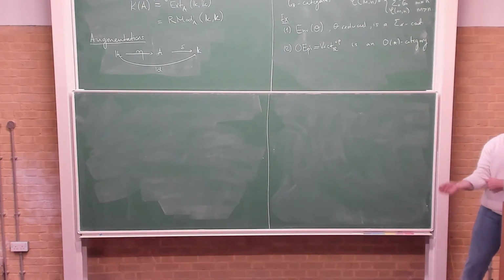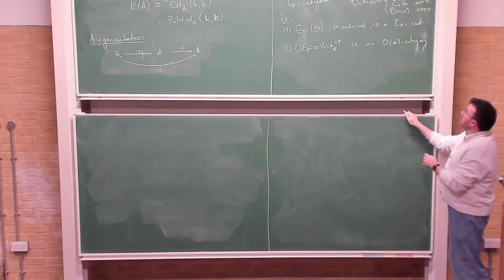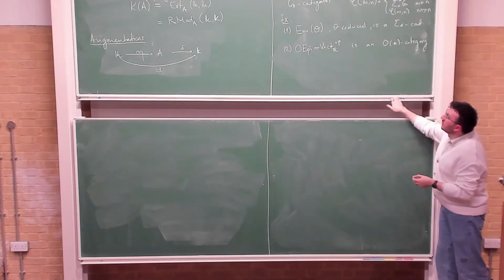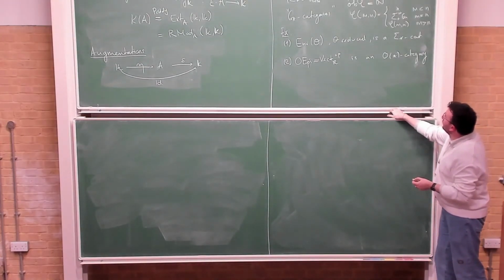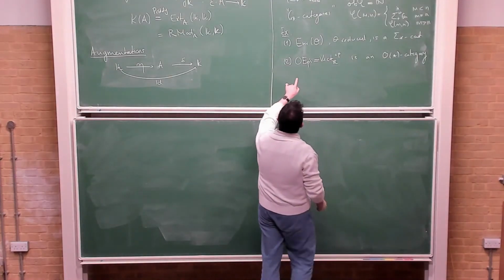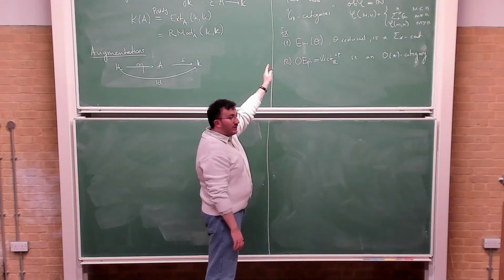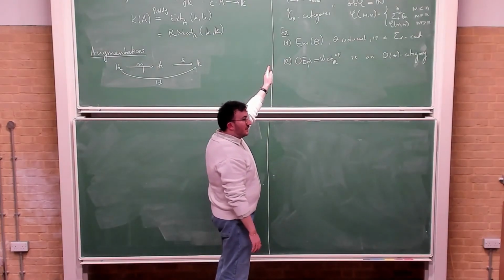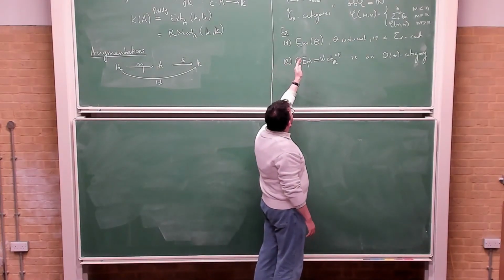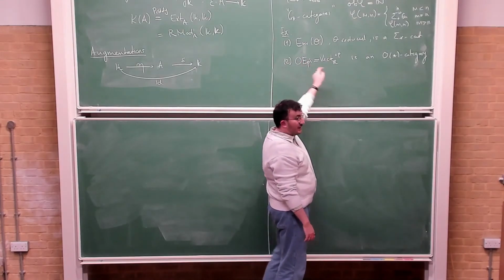So can you say again what example 2 means? It means that if I look at the collection of groups, which is just the suspension spectrum of the orthogonal groups, I can define a map from this opposite category into that.